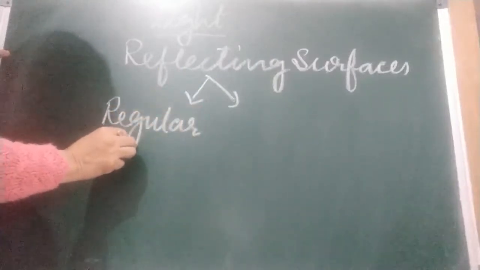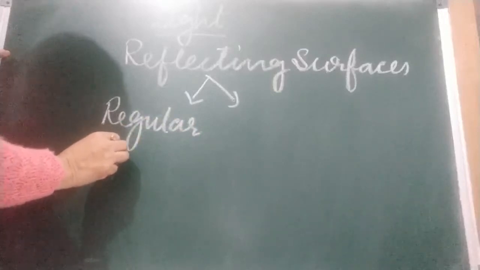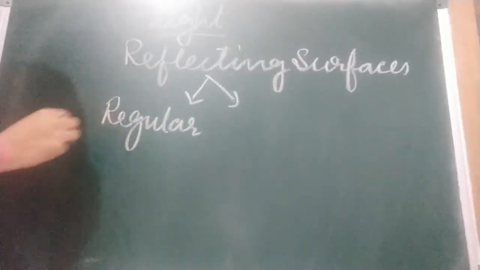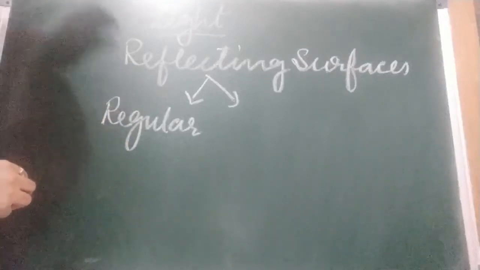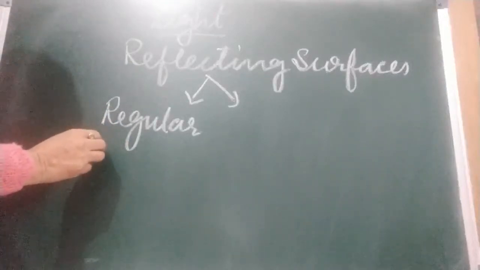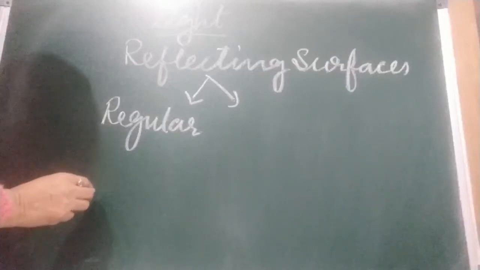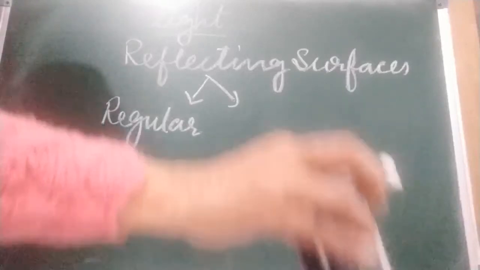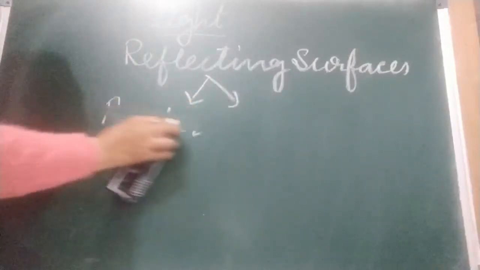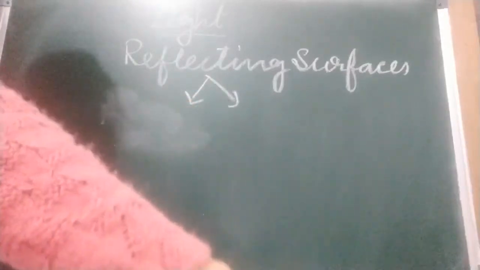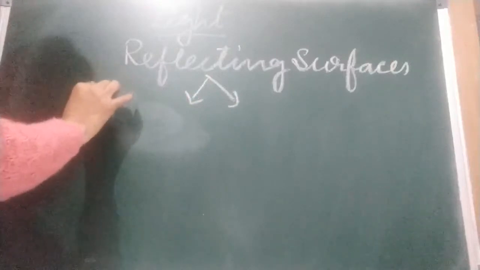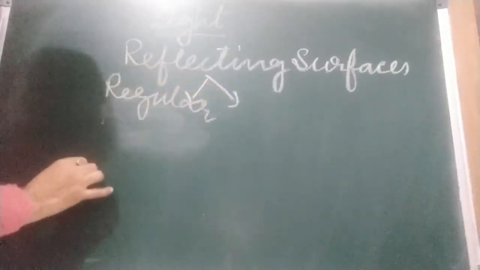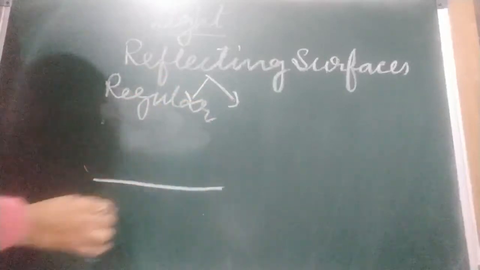We refer to a smooth surface as a regular surface. A regular surface reflects a parallel beam of light. Children, I am drawing it here. In regular surfaces, what happens, children?